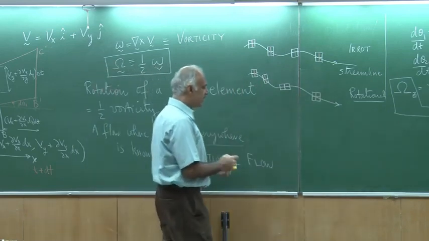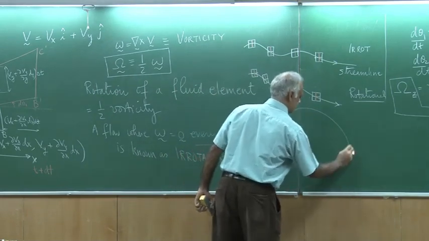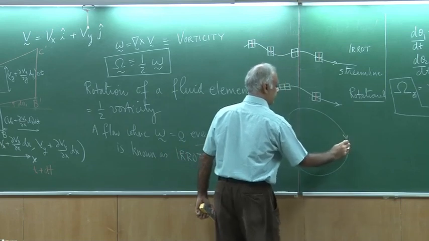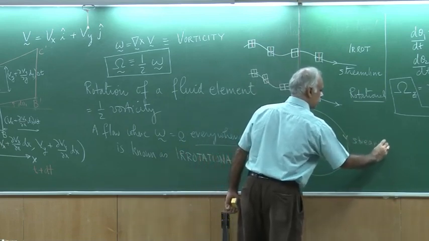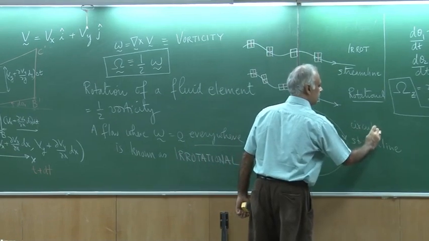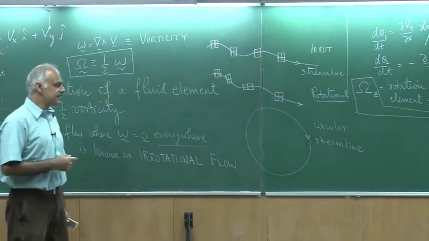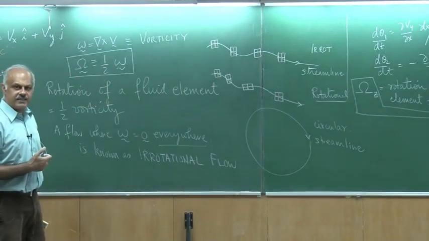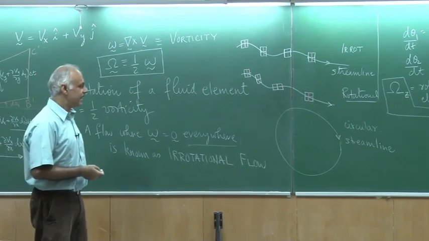Maybe I should give you another example of a flow with a circular streamline. So, let us say this is a circular streamline. If you recall from one of our earlier lectures, if the flow is steady, then the streamline could also be thought of as a path line or a streak line.